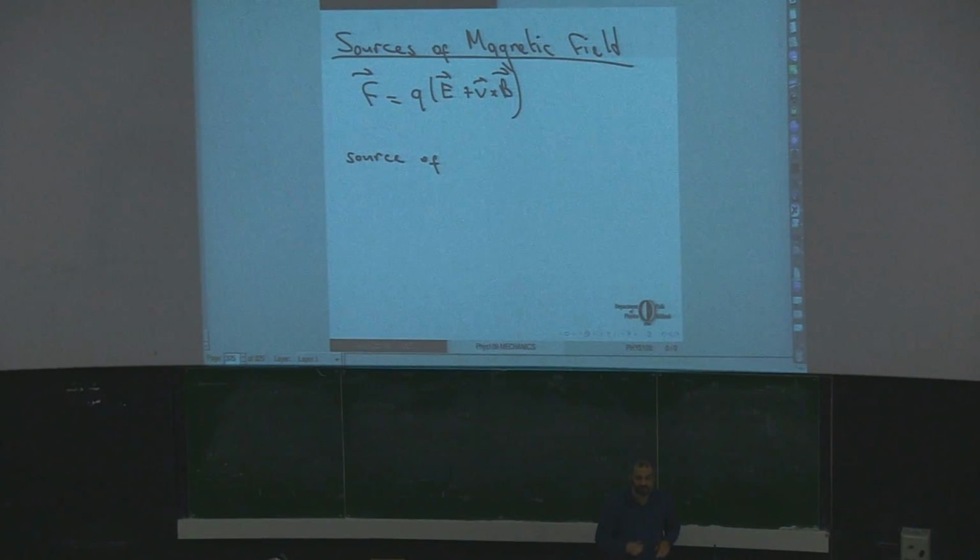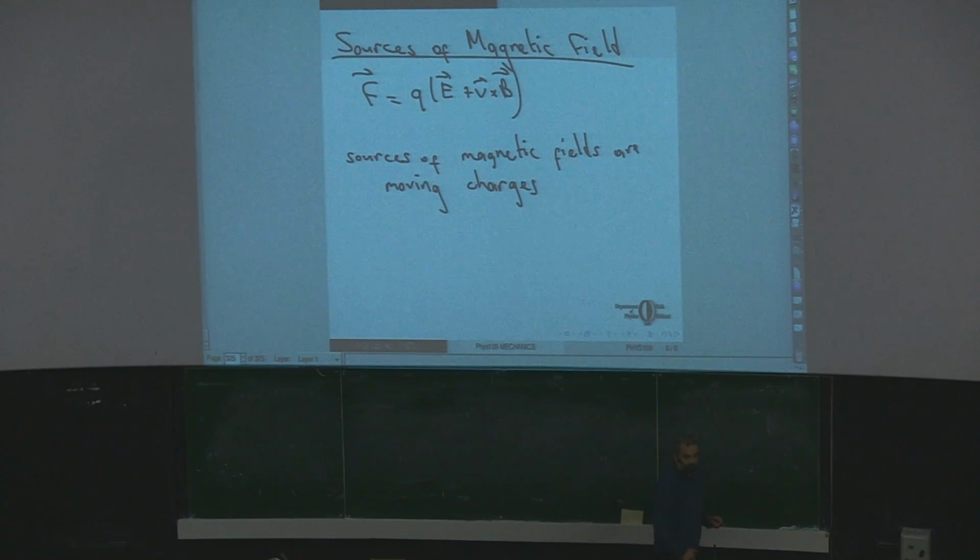But in the case of the magnetic field, it just turns out that the source of the magnetic field is moving charges. For any object, as long as there are moving charges, it creates a magnetic field.